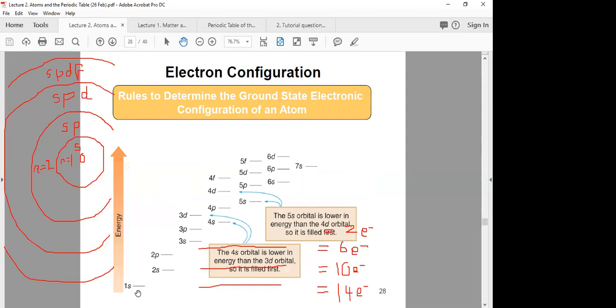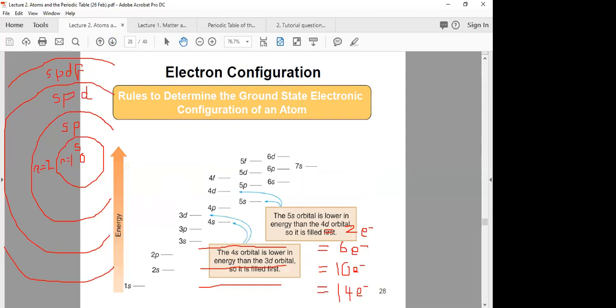When you're given a particular element and asked to determine the ground state electronic configuration of an atom of that element, you would first look at the periodic table and determine how many electrons an atom of that element has. That's your first step. Once you've determined that, you know how many electrons you need to place.